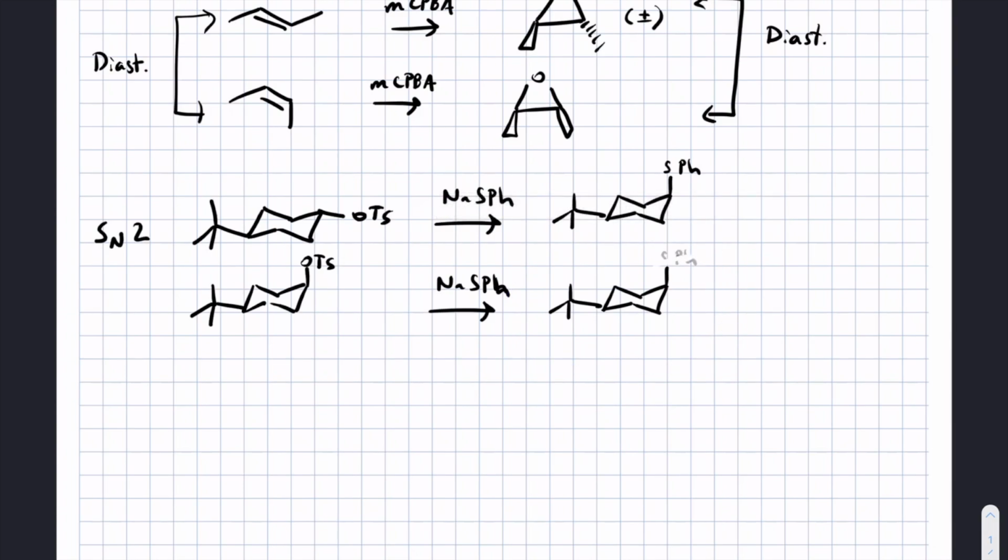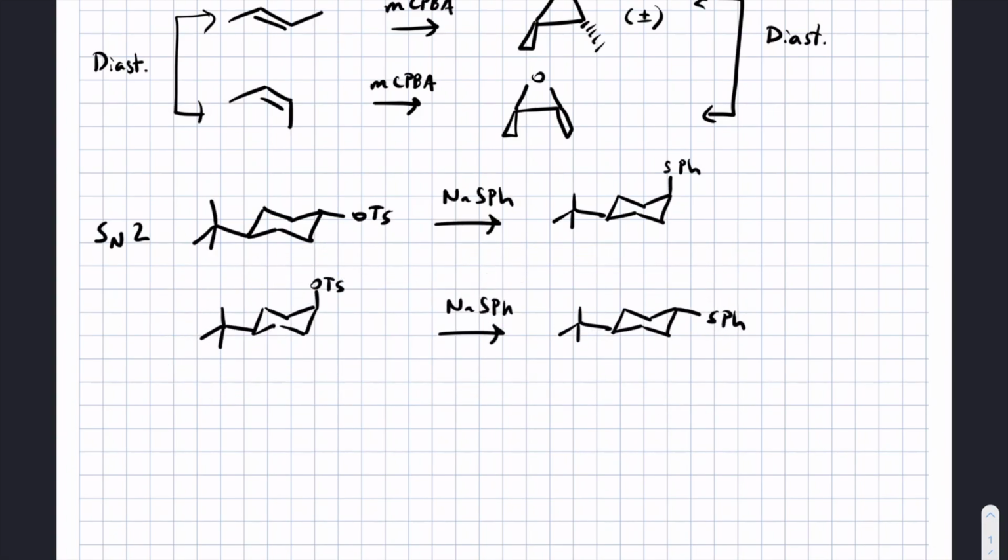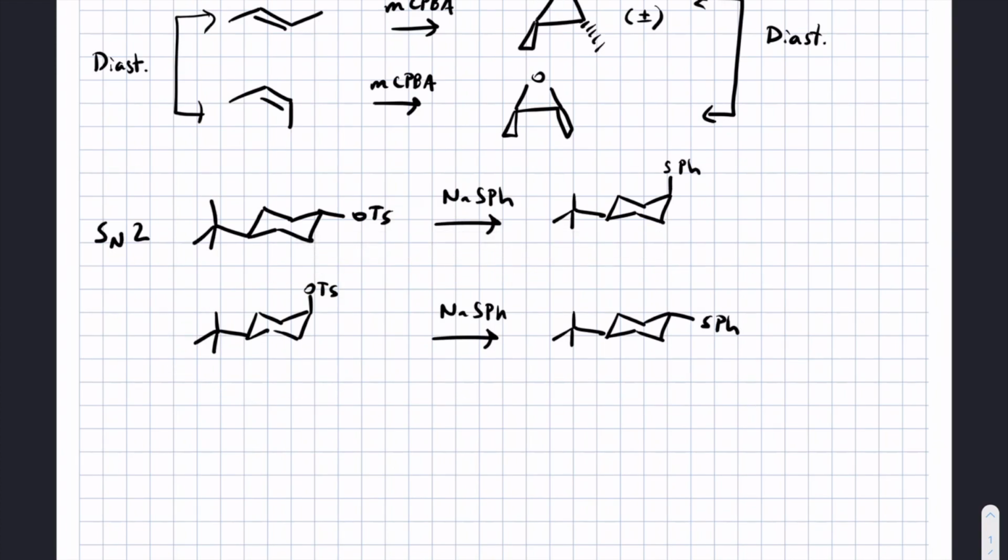Okay, and why is that? Well, we know SN2 generally proceeds with inversion of stereochemical configuration at the location of the leaving group, in part because the nucleophile has to attack the sigma star where the leaving group is.